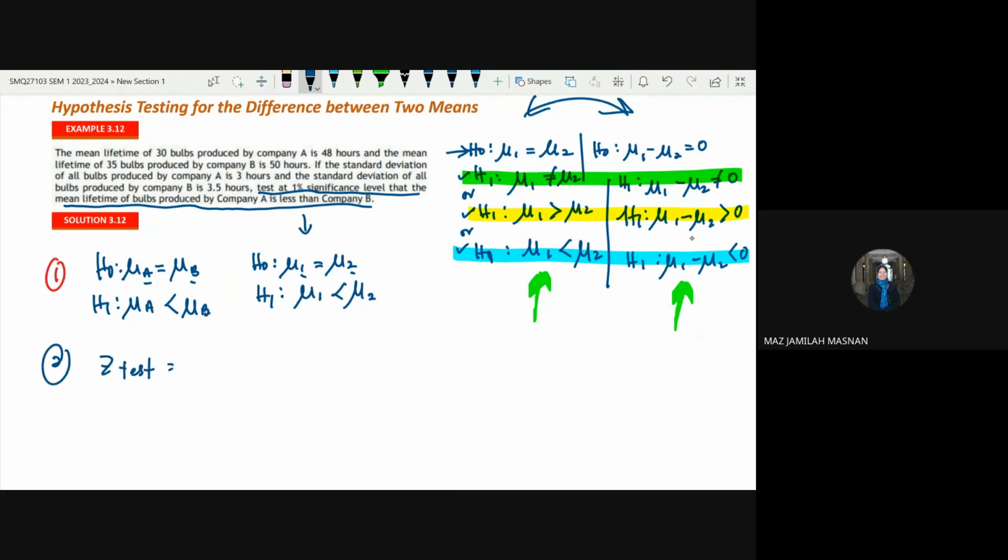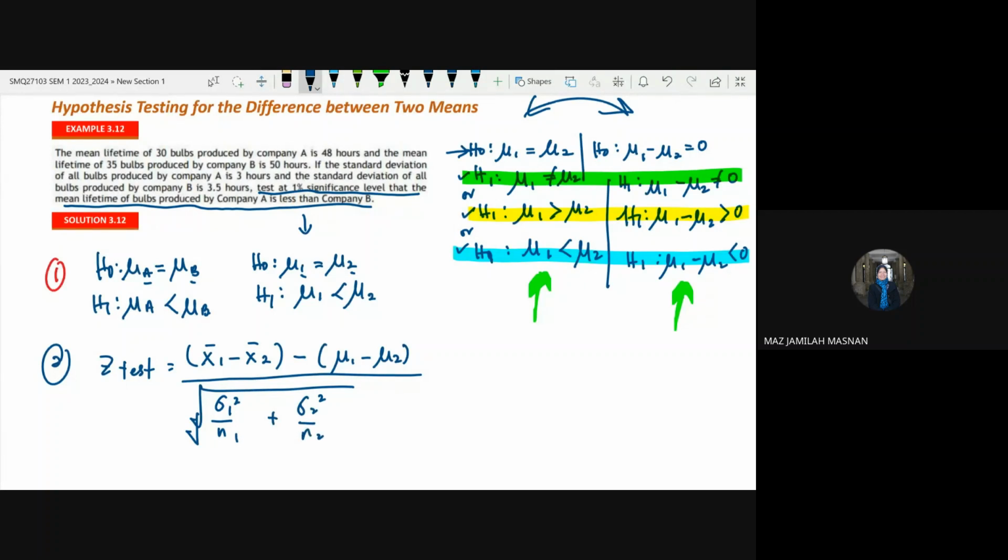The z-test is x bar 1 minus x bar 2 minus the hypothesized value, that is mu1 minus mu2, divided by square root of sigma 1 divided by n1 plus sigma 2 divided by n2. So this is equal to, what was the value just now? 48 and 50.